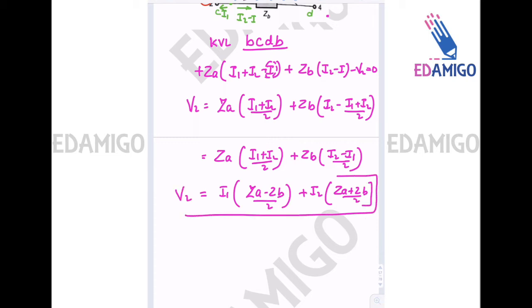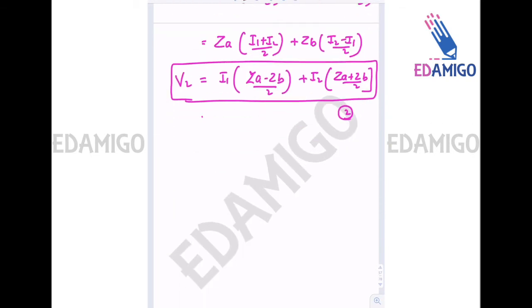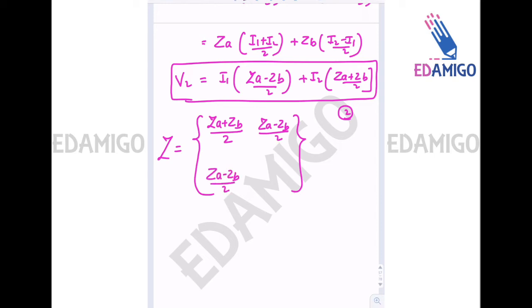This is equation number 2. So from equation 1 and equation 2, the Z matrix of the lattice circuit is equal to ZA plus ZB divided by 2 is Z11, ZA minus ZB divided by 2 is Z12, Z21 is ZA minus ZB divided by 2, and Z22 is ZA plus ZB divided by 2.